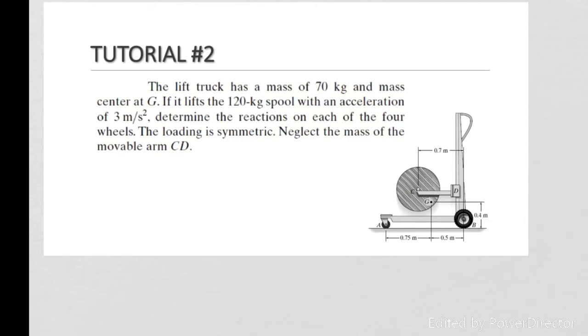And as usual, if a question like this is asking for the reaction on the wheel, the free body diagram is something that we cannot neglect. So where can we start over here? I will start drawing my free body diagram. I will draft it roughly.